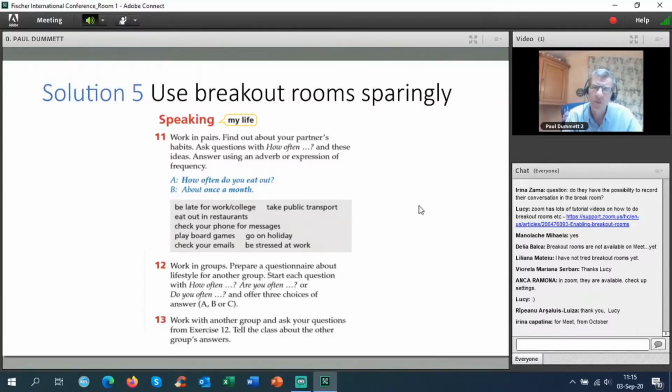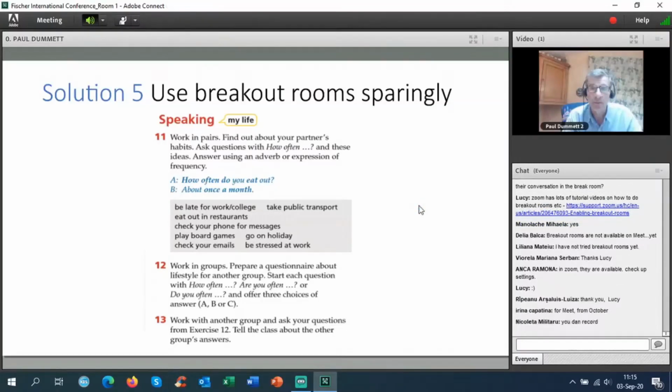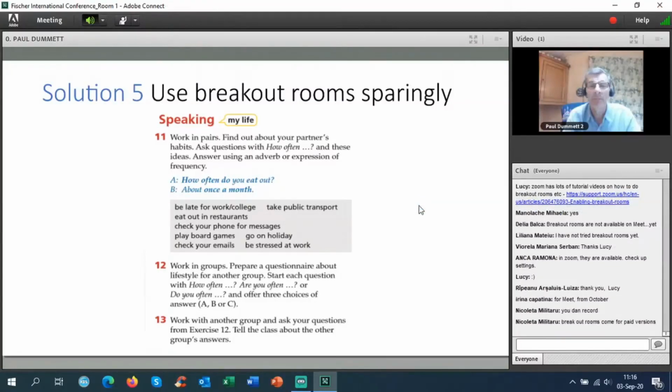Certainly, you can either allocate people to the rooms yourself, or you can allow Zoom to do it automatically. You can just say, I want to divide this group into 4 rooms, and it will do it automatically and send them there. So they're not as frightening as they might seem. And then you can also go and visit people in the room and monitor them. Although, as I said before, they might become more self-conscious than they would if you were simply hovering around them in a classroom.